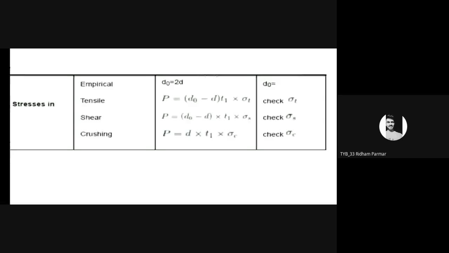For that, the formula which we have derived is P is equal to D, that is the inner diameter of that eye, into T1, which we have calculated right now, multiplied by sigma C. Now here we know what D is and what T1 is. We just have to calculate sigma C and compare it with the value we already calculated as the compressive strength of that single eye or tensile strength of that single eye material. Are you getting me? So calculate the value of sigma C using this formula.